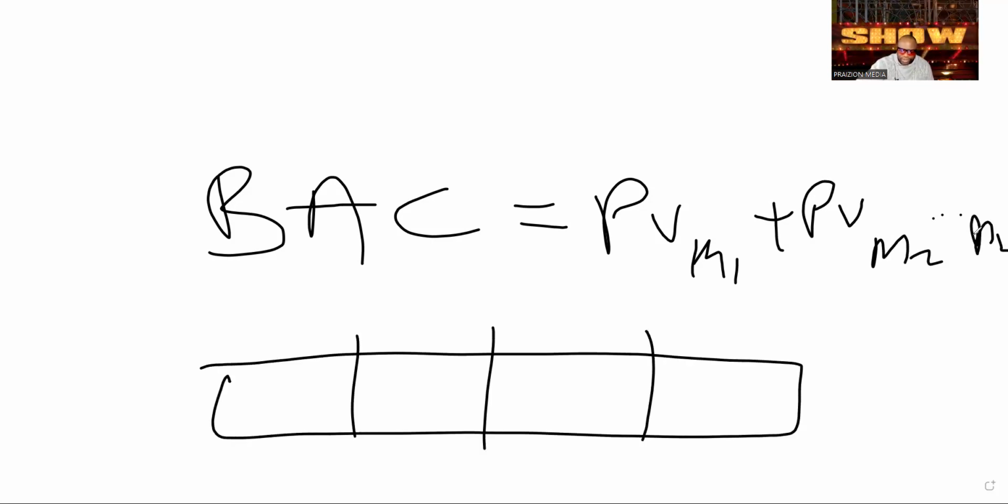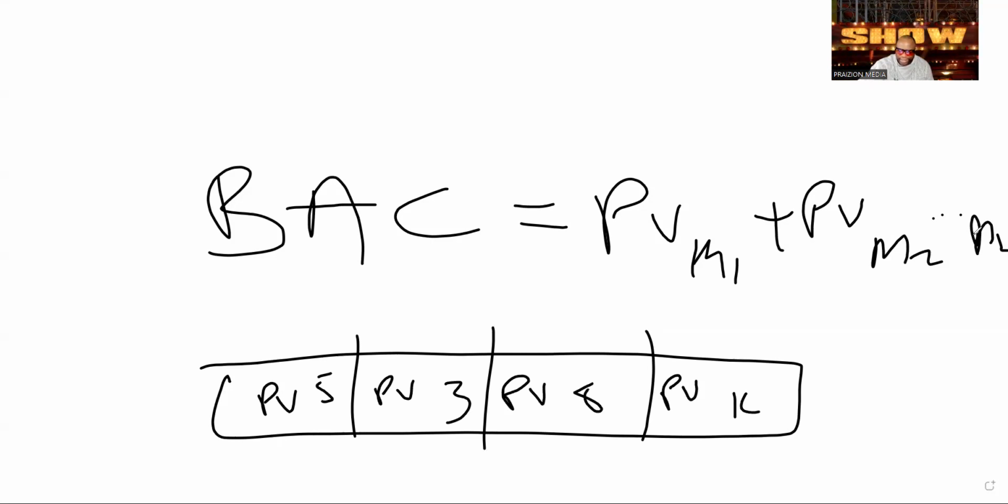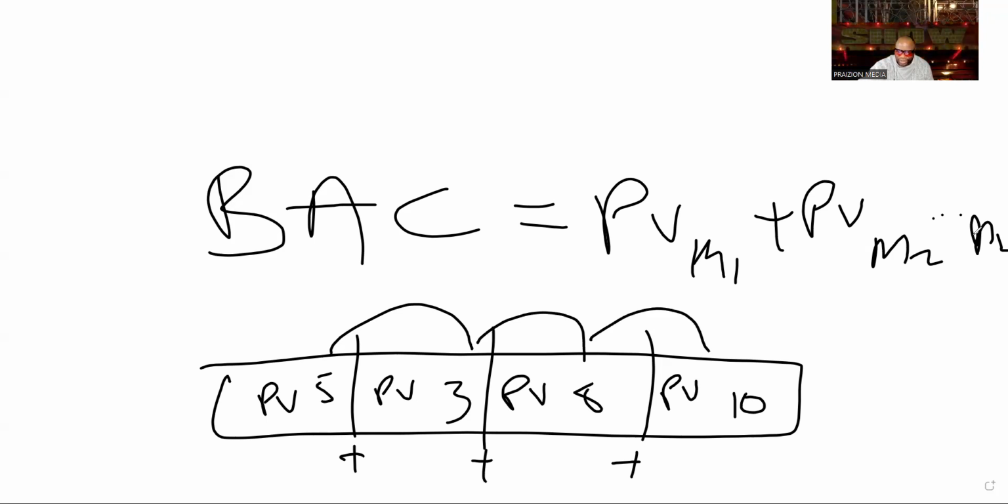If this was a project, the planned value for month 1, let's say it's 5, for month 2, 3, for month 3, 8, and for month 4, maybe 10, right? The budget at completion is just adding up all of the planned values. That's 8, that's 16, that's 26.